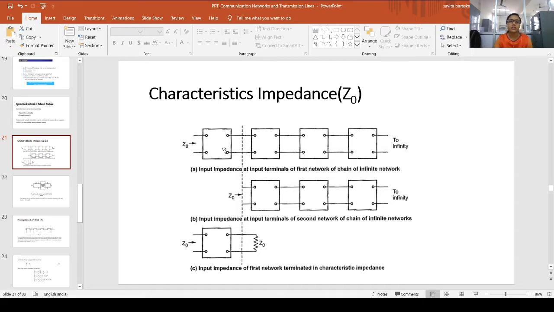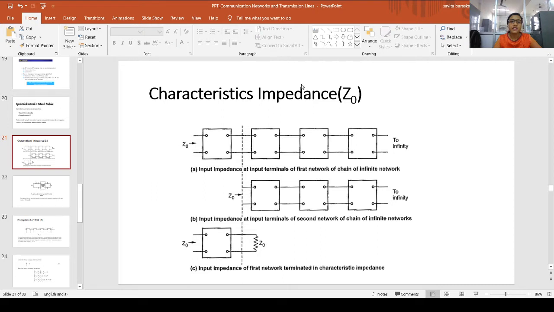So when two or more two port networks are connected in the cascade form, it represents an infinite length of transmission line.